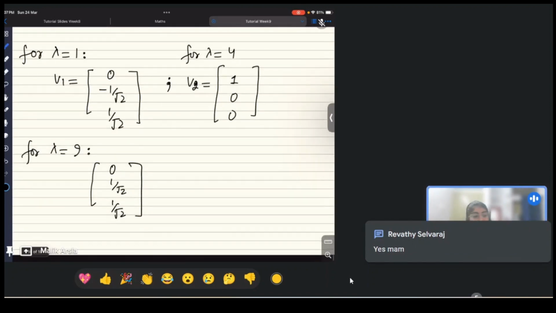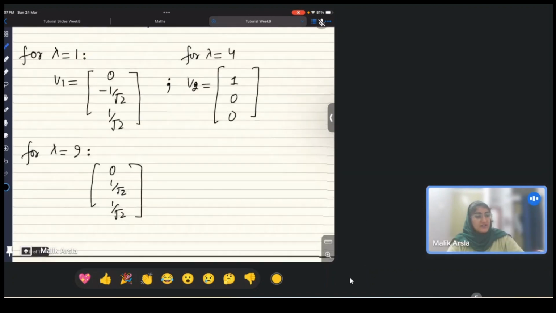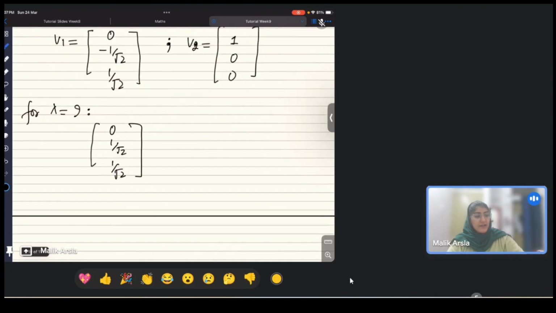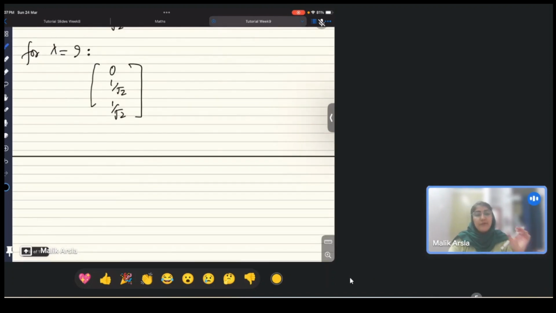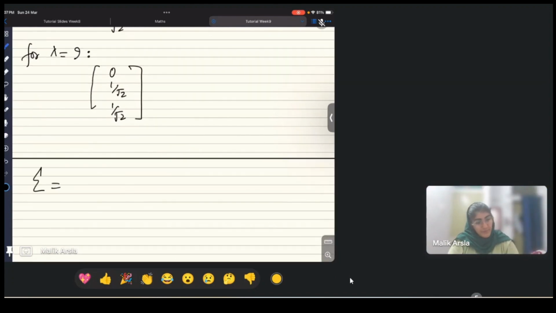So now since we have gotten our eigenvalues and eigenvectors, we can simply form the sigma and the V. So what is sigma? Sigma is basically arranging the eigenvalues in decreasing order.